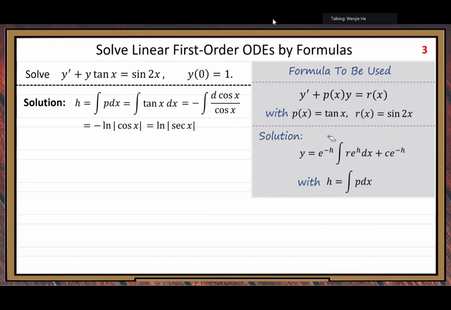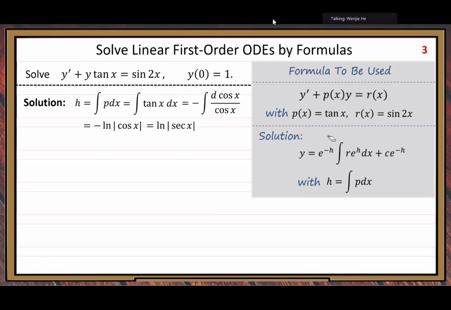Sometimes the first form is better, sometimes the second form is better. It depends. When you look at the formula, some places need negative h. When you use negative h, the negative natural log of the absolute value of cosine is better, because the negative sign is gone. Some places need positive h.